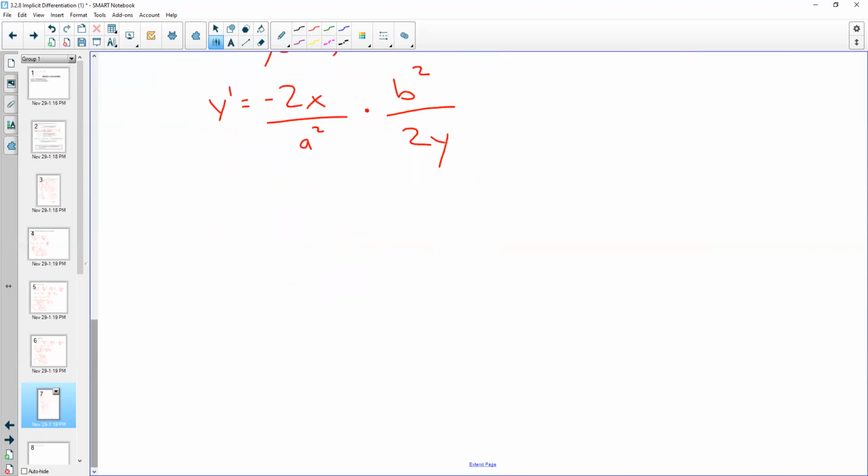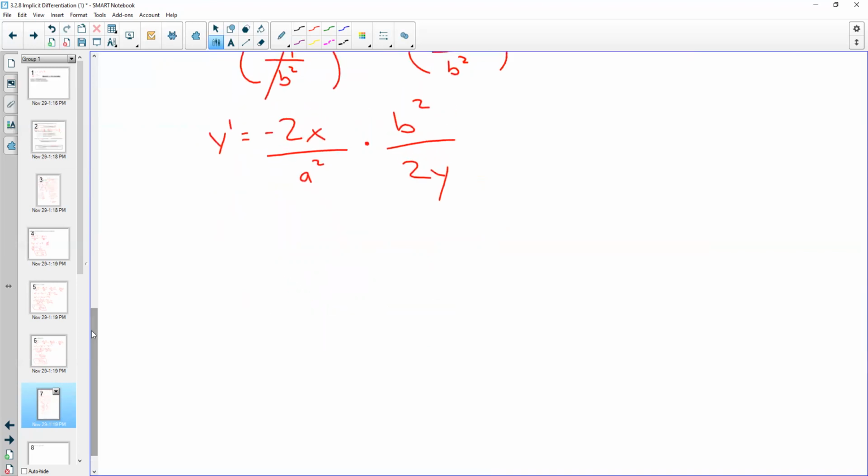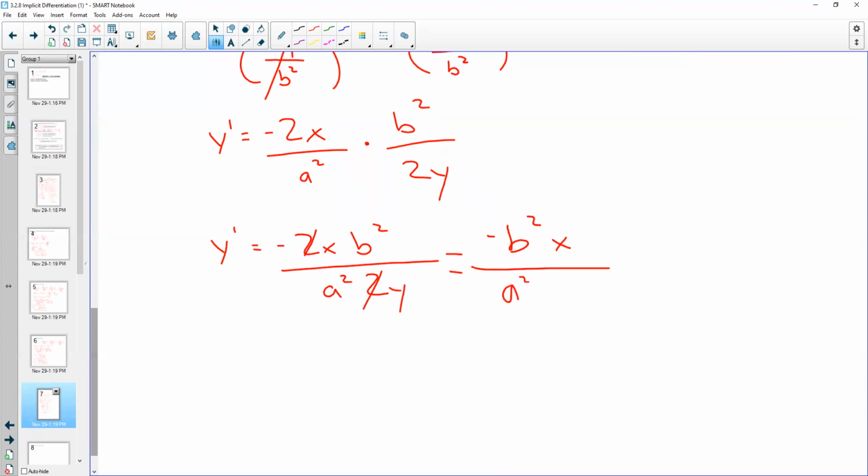Let me put the numerators together here. So y prime is equal to negative 2x b squared over a squared 2y. These twos can cancel. Then we'll be left with negative b squared x over a squared y.